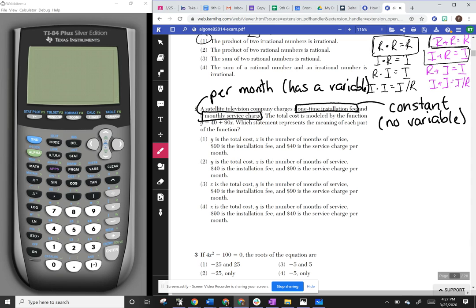So that means whatever the price is per month, the service charge is going to be with the variable. So that's not 40. So we know 90 is going to be the service charge. And options 2 and 3 say that. Options 1 and 4 say 40 is the service charge, and it's not, because we know 40 is not with the variable.